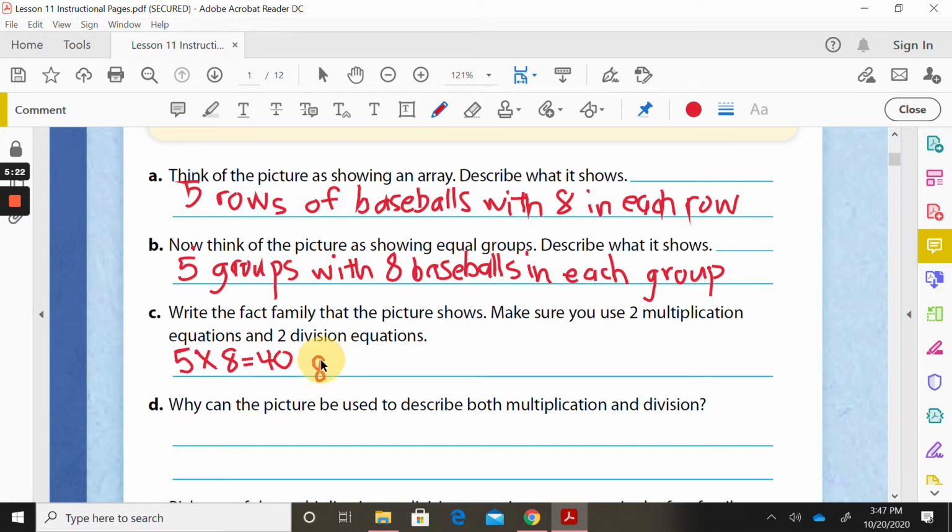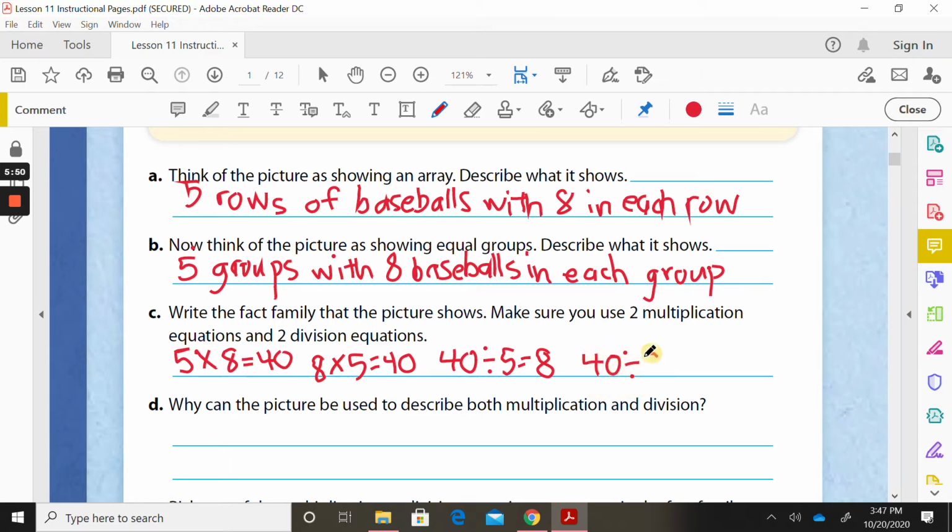The commutative property of multiplication says that I can switch the two factors and I will still get the same product. As far as division goes, I can use my product as the dividend and the factors will be my divisor and quotient. So this should be a review for you.